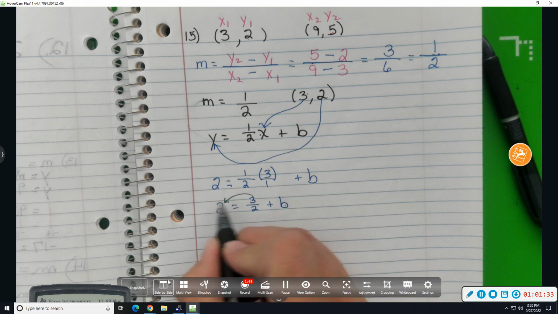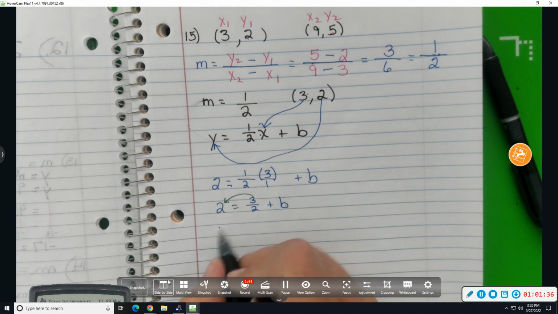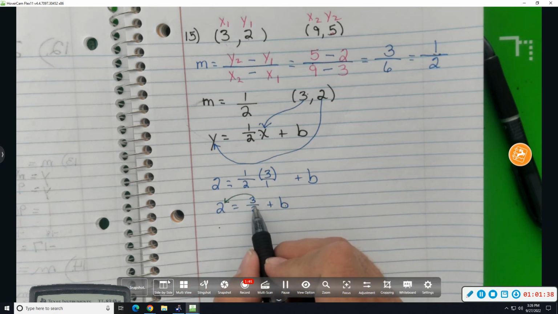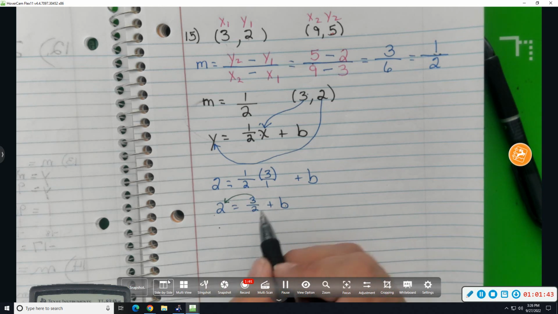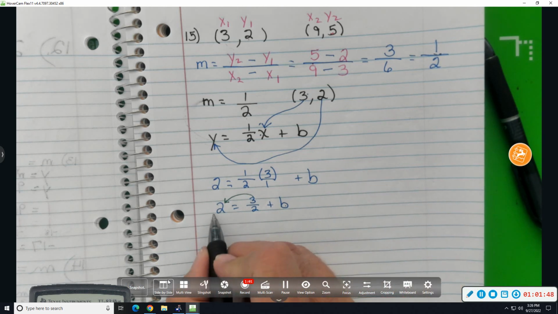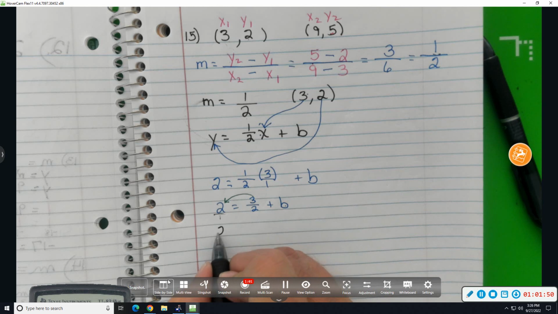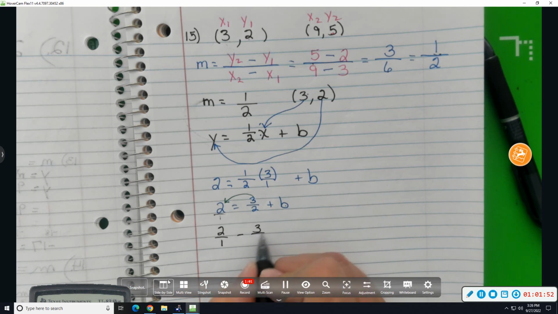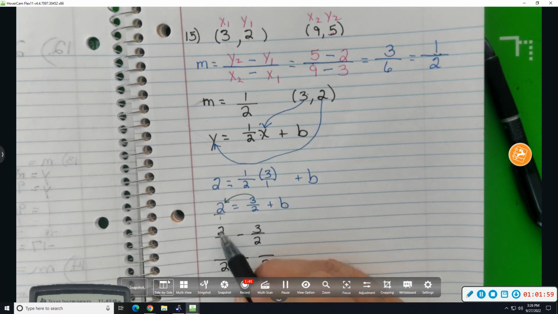You could think of the 3/2 as 1 1/2. I think all of y'all know 2 minus 1 1/2 is just a half. If you want to write it as 2 over 1 minus 3 over 2 and get a common denominator of 2, what would this top number be? 4. So rewriting 2 over 1 is 4 over 2 minus 3 over 2.